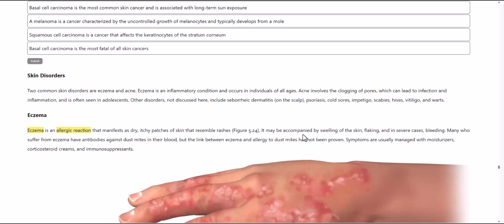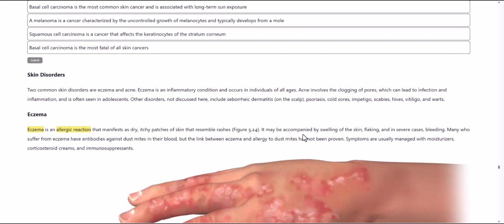Now, in addition to cancer, there's a whole bunch of other skin disorders that dermatologists deal with. One is eczema. Eczema is an inflammatory condition. It can be from very mild to very significant. This is going to cause excessive, almost like an allergic reaction on the surface of the skin, causing rashy outbreaks, swelling, flaking, even bleeding sometimes.